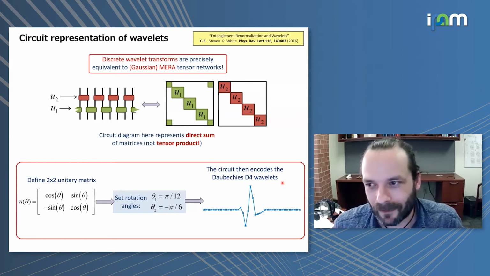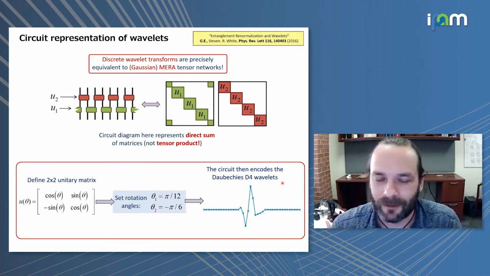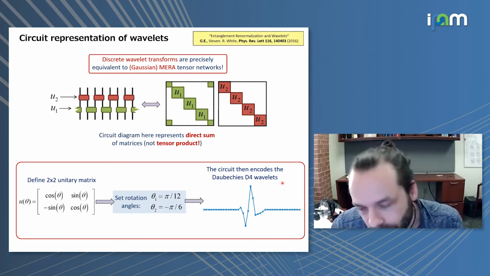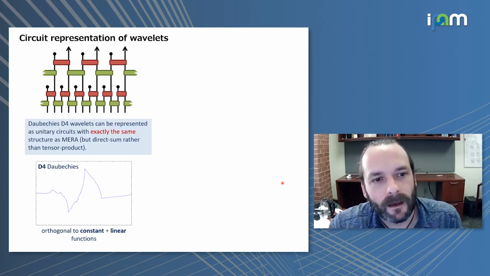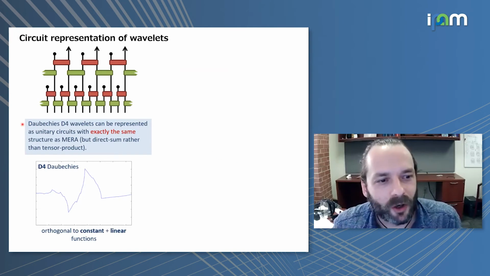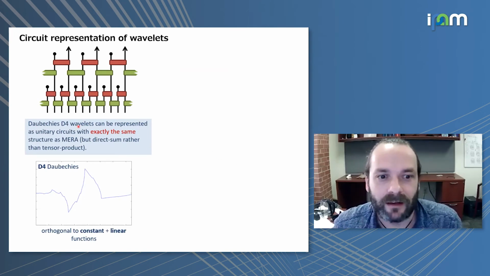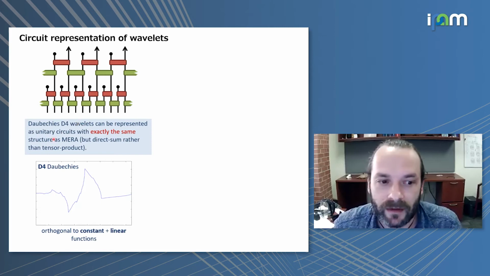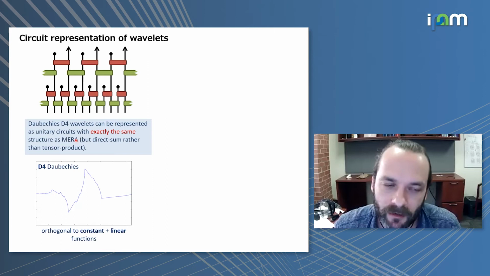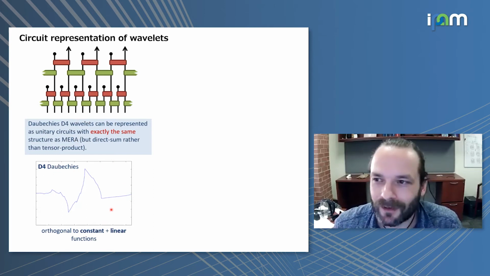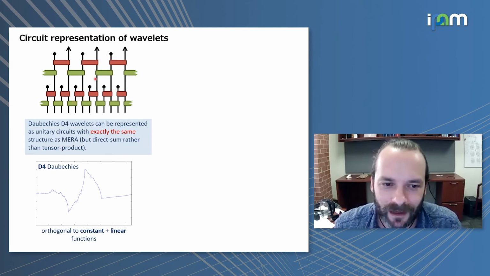If I made a big matrix by contracting all of the circuit together, then the columns of this matrix would just be Daubechies wavelets. So the Daubechies D4 wavelets are exactly the same circuit structure as a MERA. In this case, it is what we call a binary MERA. So we can exactly describe these functions through some appropriate choice of these gates.